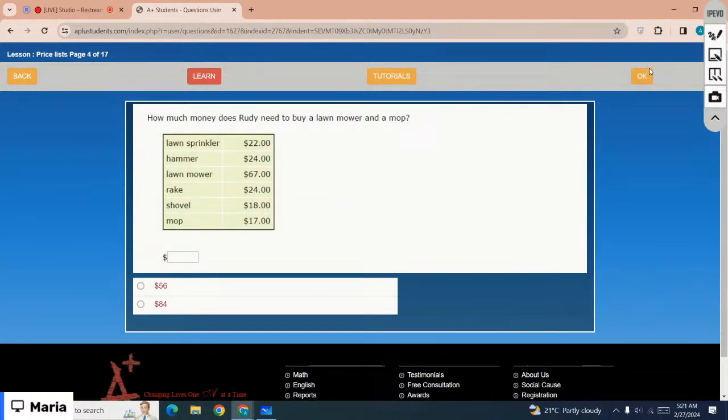How much money does Rudy need to buy a lawn mower and a mop? Which is the correct option?